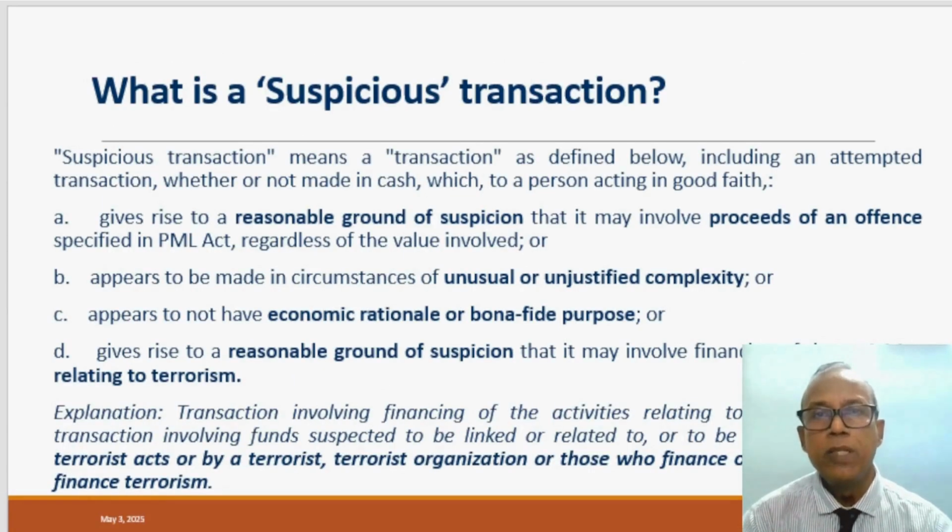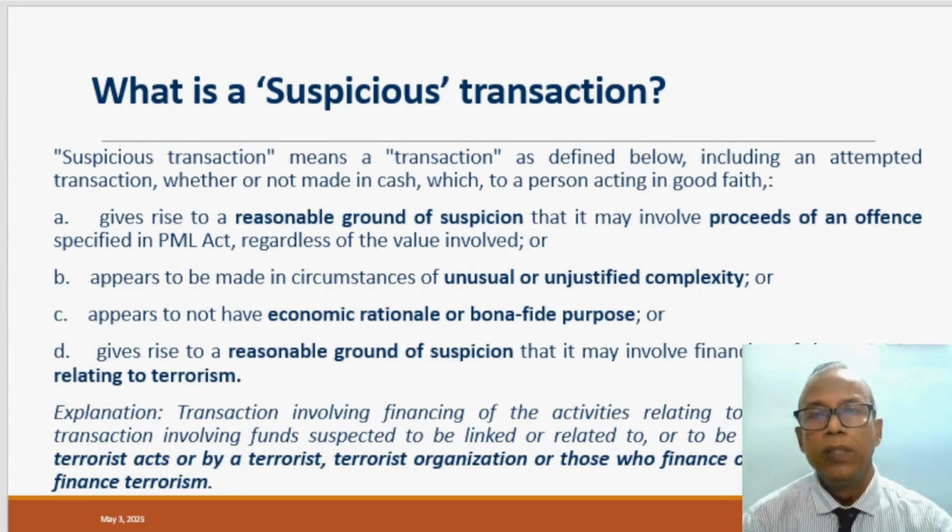What is a suspicious transaction? A suspicious transaction includes any transaction, even attempted ones, that seems to involve proceeds of crime, lacks economic rationale, appears inconsistent with the customer's known profile, is structured to evade reporting thresholds, or appears unusually complex.